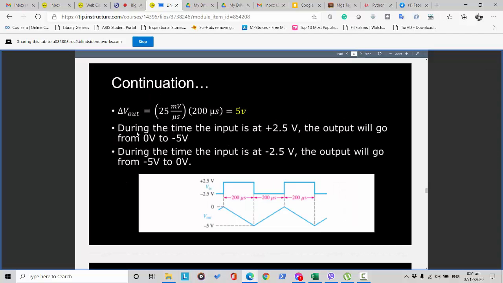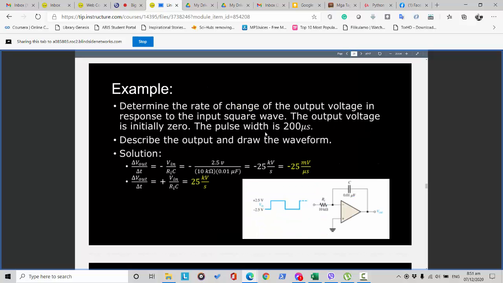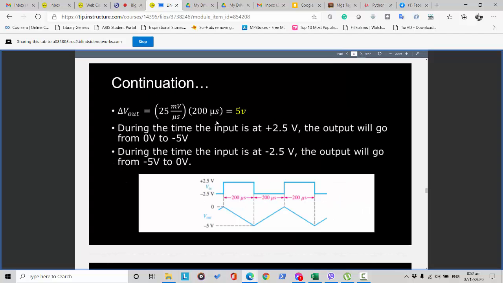Now in continuation, we can also compute for the change of the output voltage, which is equal to the rate we have computed for the output voltage, multiplied by the given pulse of 200 microseconds.